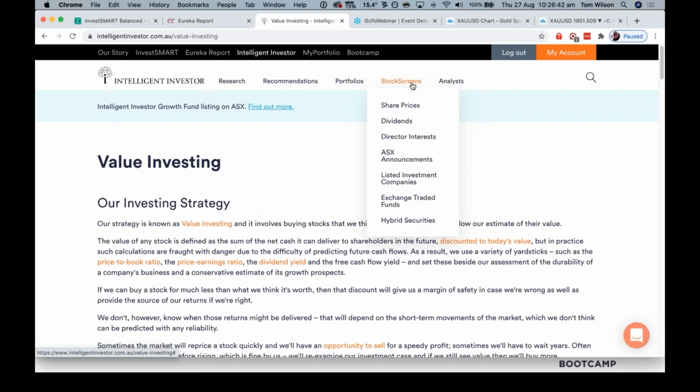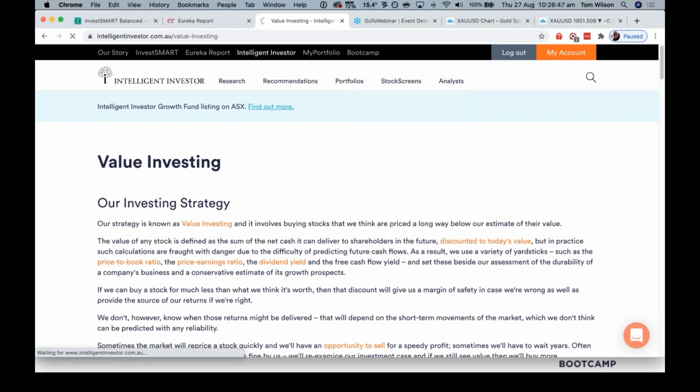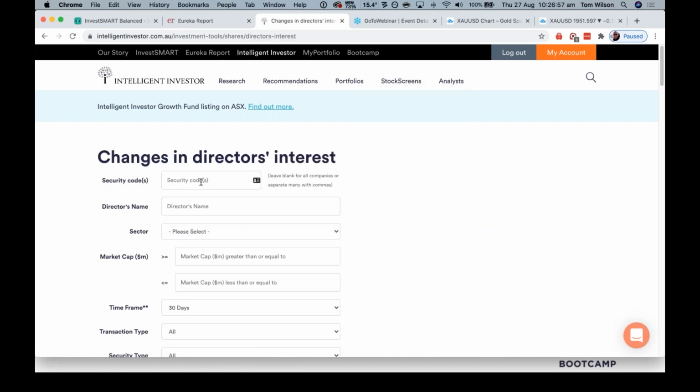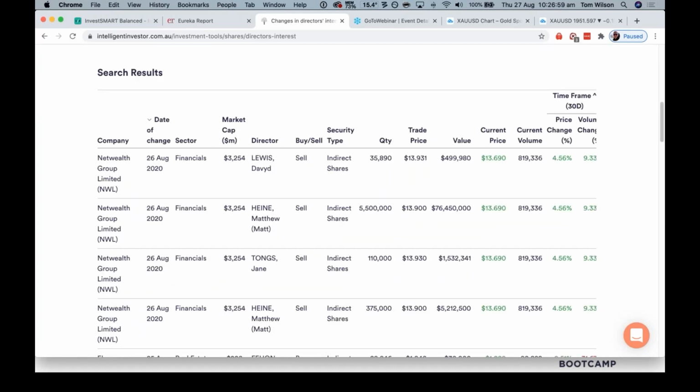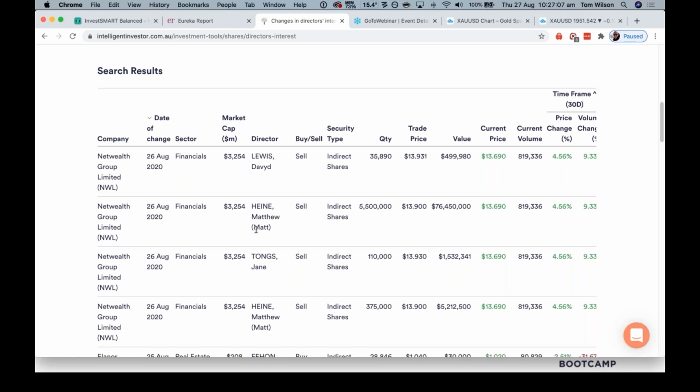So stock screens, this is on the Intelligent Investor website. If I go down to director interests, I can search by security code, but what this is doing is showing us any buys or sells by directors of companies. They're legally required to report these to the ASX.